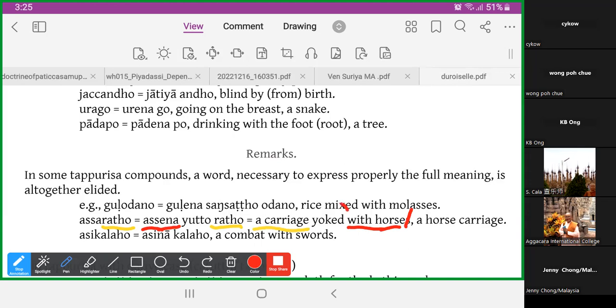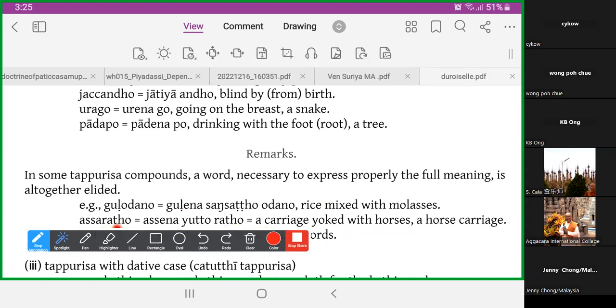And you need the yoke, yutto. But this word yutto you cannot find. You only can see asa, horse, ratho, carriage. So horse carriage. So the word you need, this yutto or samsatto earlier on, to have the whole meaning.